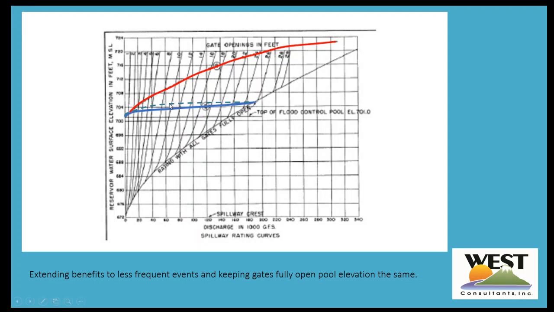The other issue is that I'm actually allowing the pool to get higher. I'm actually letting it rise closer to the fully open gate elevation earlier in the event, which means, again, that I'm probably going to have to make some very significant releases if this event becomes more severe, and that may give me a less desirable result downstream.